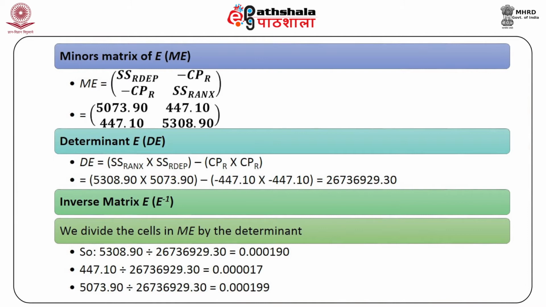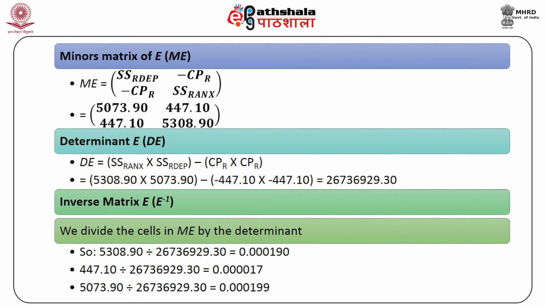The minors matrix of E, which we call EME, is the sum of squares of depression residual, cross product, and similarly after substituting the values we arrive at the minor matrix of E. Similarly, we find the determinant of E of depression and we arrive at the number.